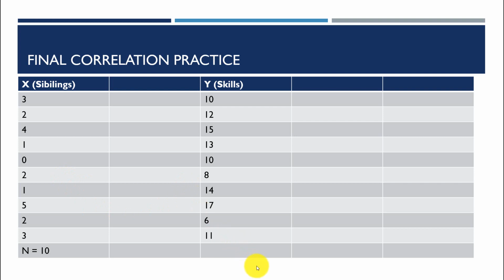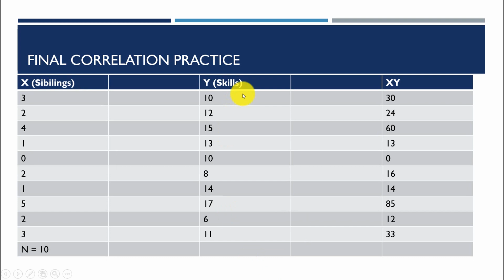In the next slide, I'm just moving through the normal process I taught you. Remember, we moved from the x to the y to the xy first. So you can see how I did that. 3 times 10, 30. 2 times 12, 24. 4 times 15, 60, 1 times 13, 13, and so on.